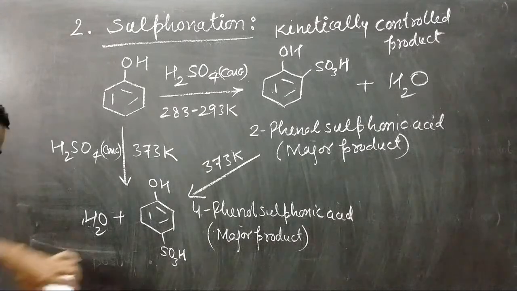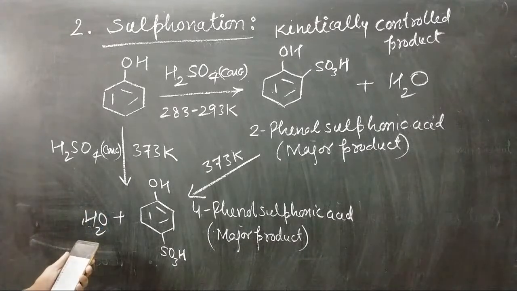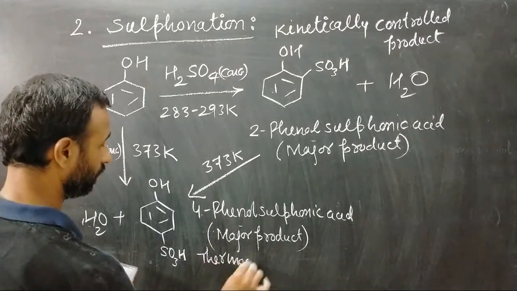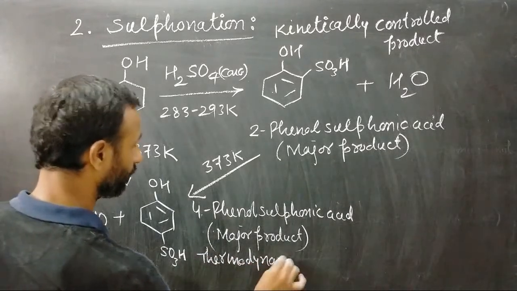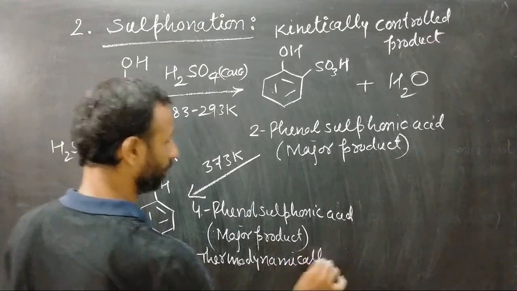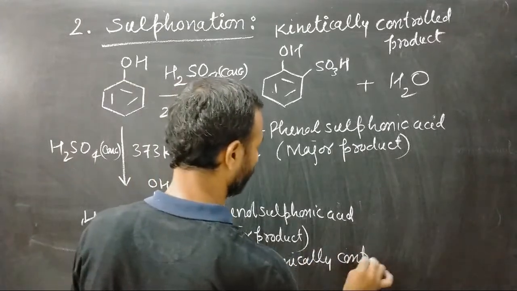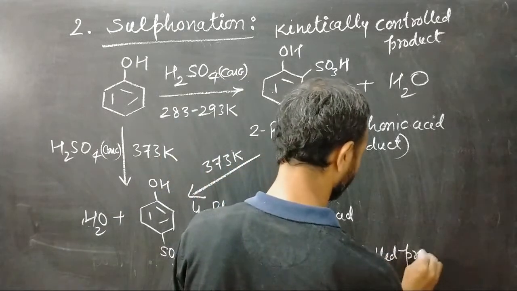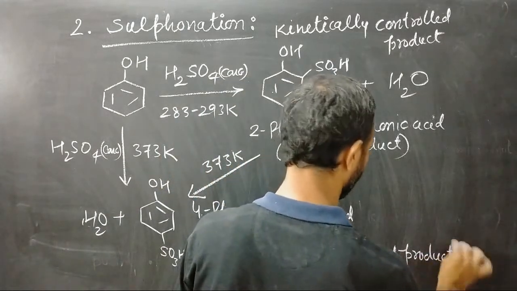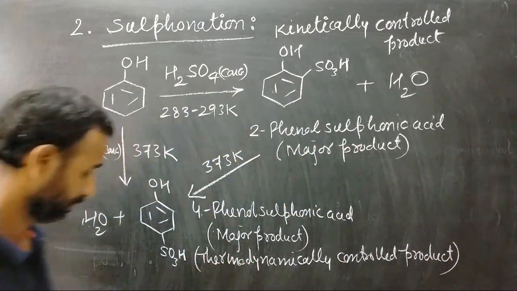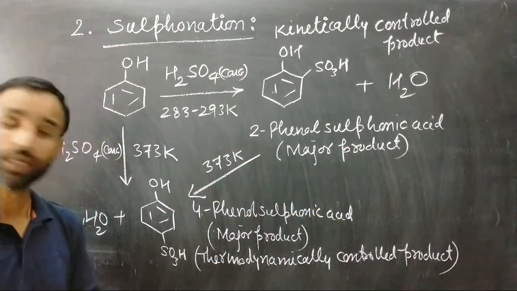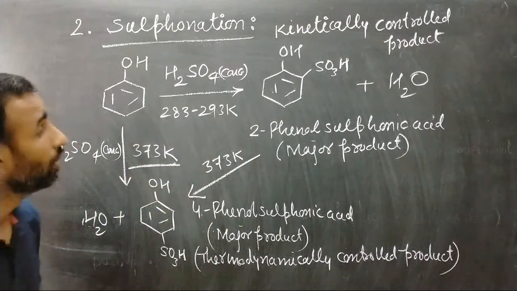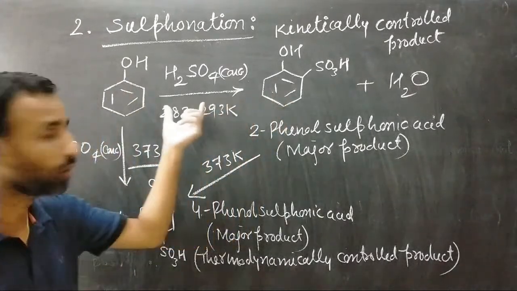Yes, the para product is formed at 373 Kelvin, and the ortho product is formed at low temperature.